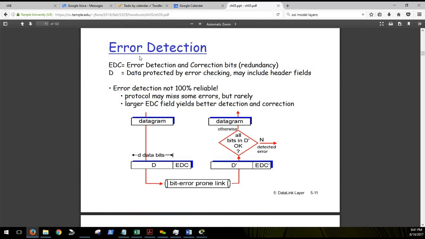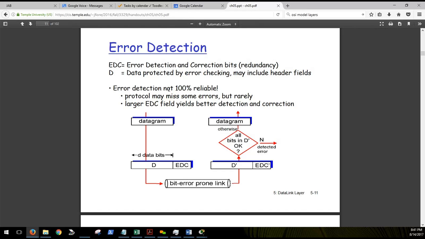So, first we have error detection. In each frame, we are going to have what are called error detection and correction bits. These are redundancy bits, and they allow us to actually correct after an error occurs. D is equal to the data that we are attempting to transmit, which is protected by the error checking and may include header fields.